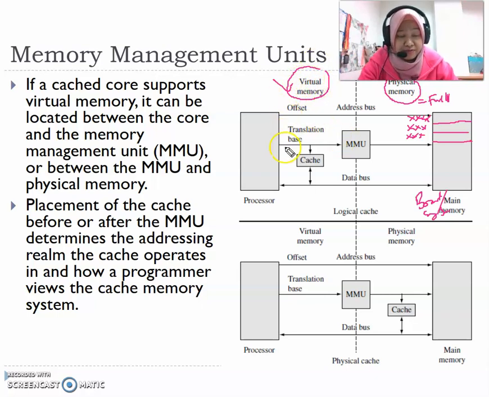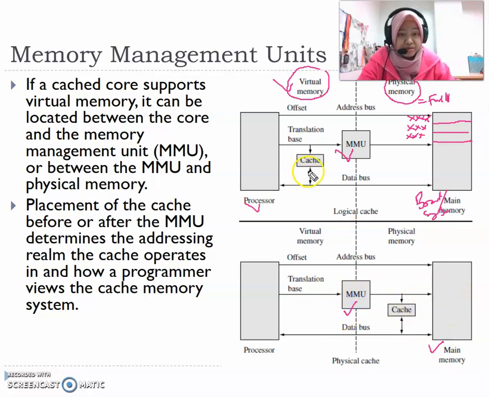For this kind of system that supports virtual memory, the cache can be located either between the processor and the main memory unit, or between the memory management unit and the main memory.